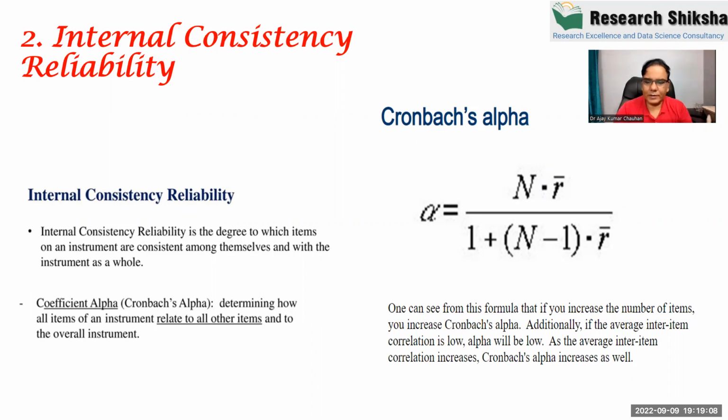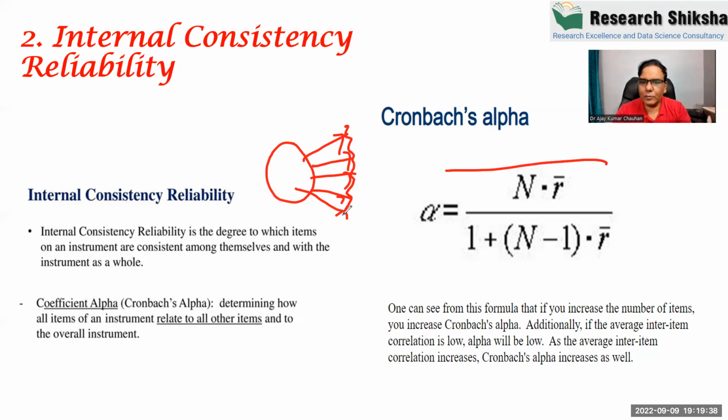So we assume that whenever we are measuring the construct from the items, for example, this is a construct and it is measured by the statements, all these statements are highly correlated, especially when it is reflective in nature. So this relationship between the items is known as Cronbach alpha.